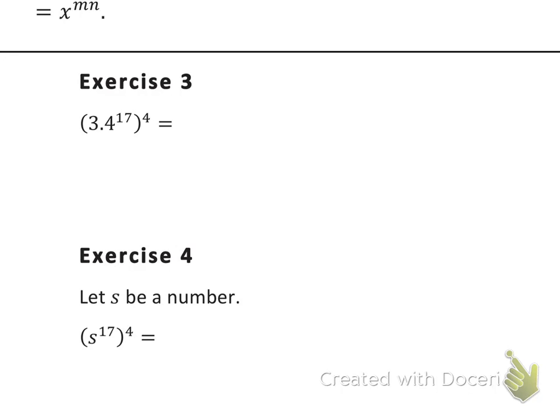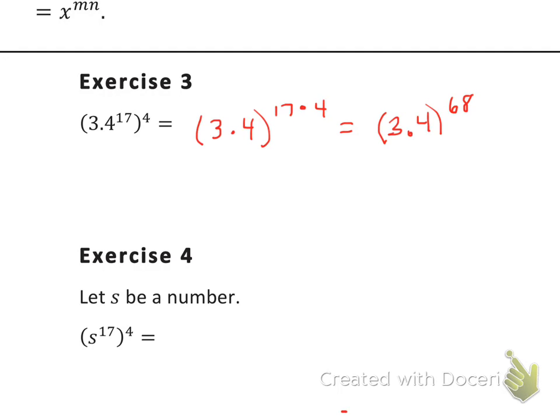Continuing with exercises 3 and 4, in exercise 3 we're dealing with a decimal value. The rules stay the same. So that is the same thing as 3.4 to the 17 times 4 power, and that results in the value of 3.4 to the 68th power.